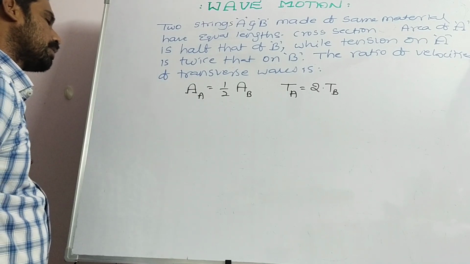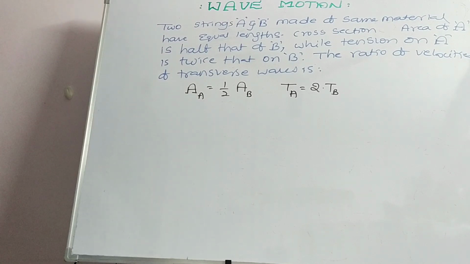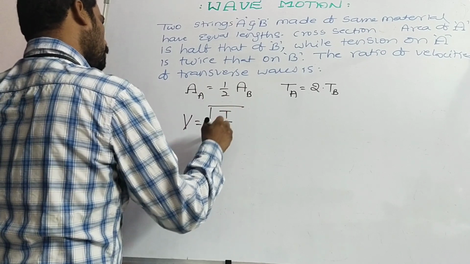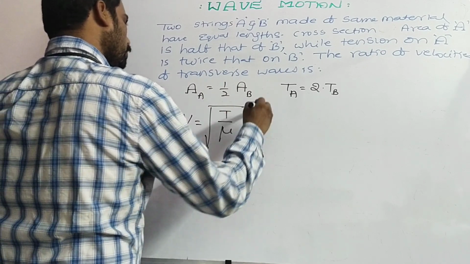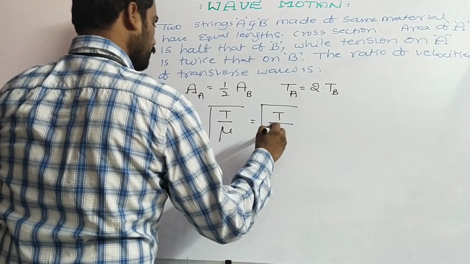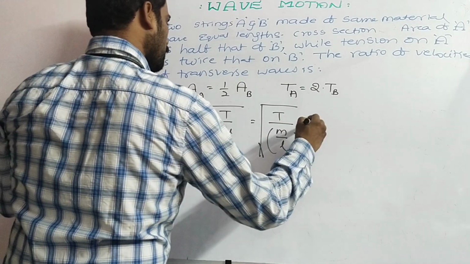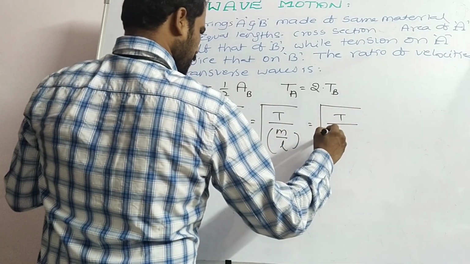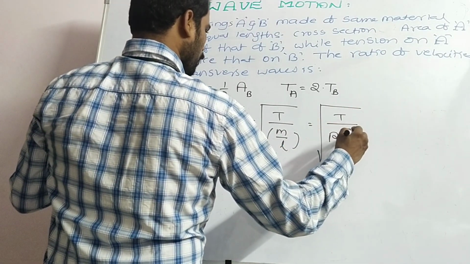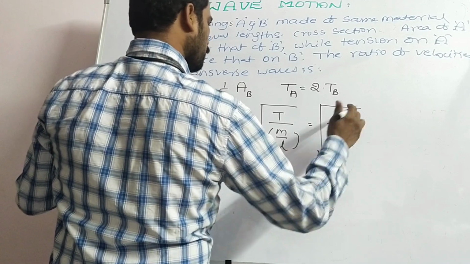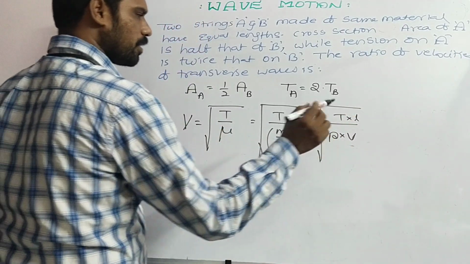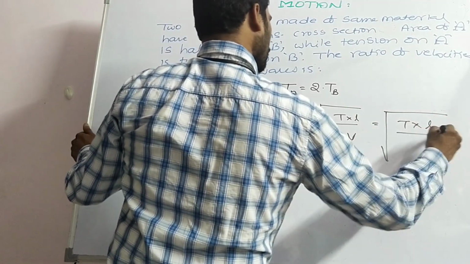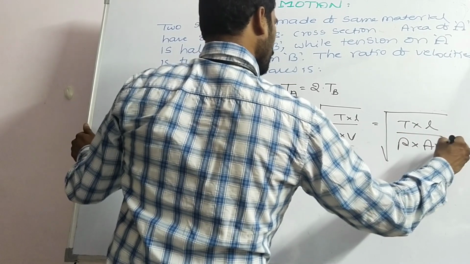So we know that expression for velocity V is equal to root of T by mu. Mu is equal to M by L, that is equal to root of T by density into volume by length, density into volume into L. So where mass equals density into volume, that is equal to root of T into L by rho into area into length.